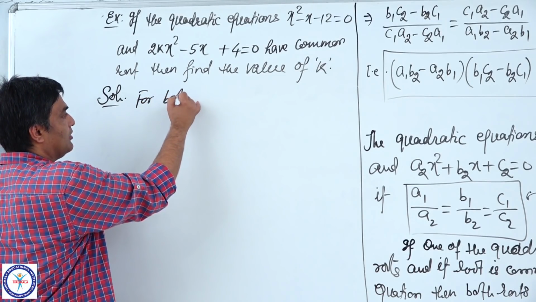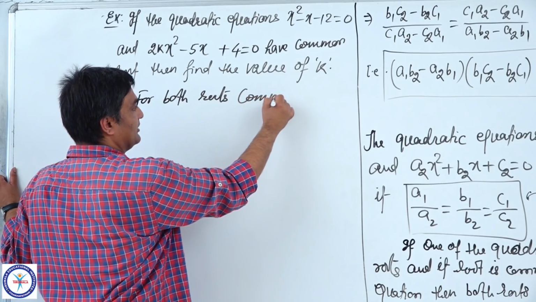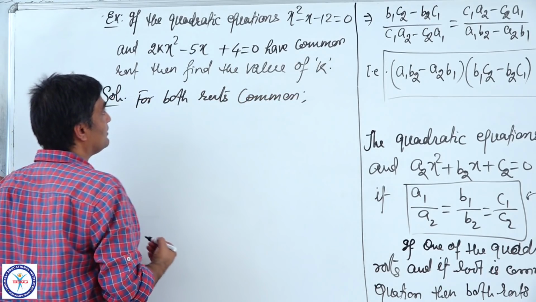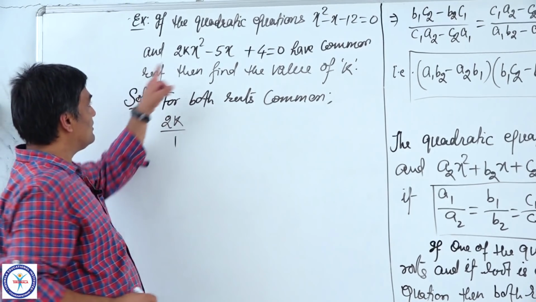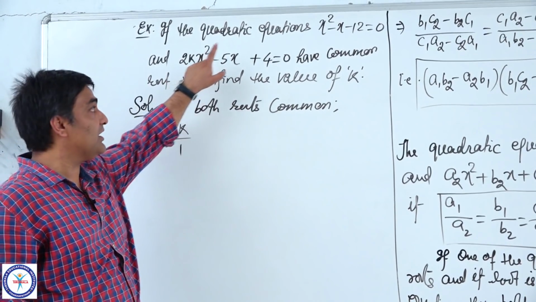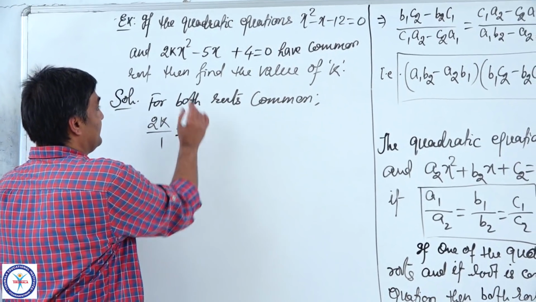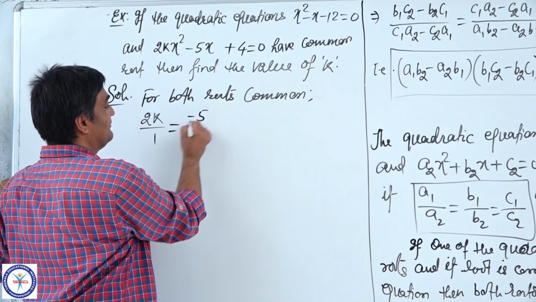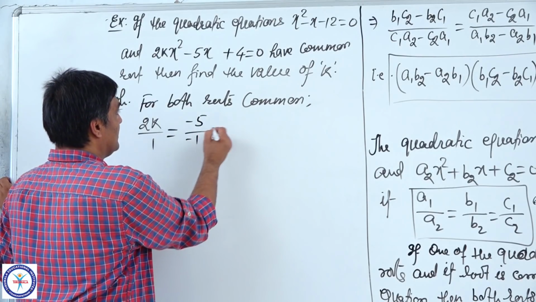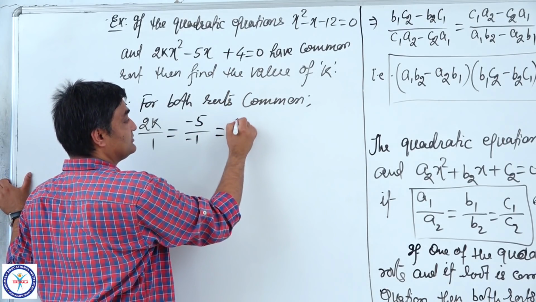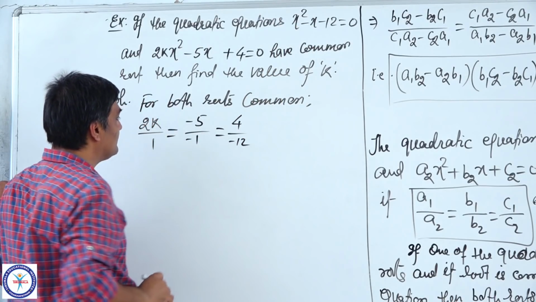For both roots common, here coefficient of x square is 2k, here 1. Here coefficient of x is -5, here -1. Here the constant term is 4, here -12.